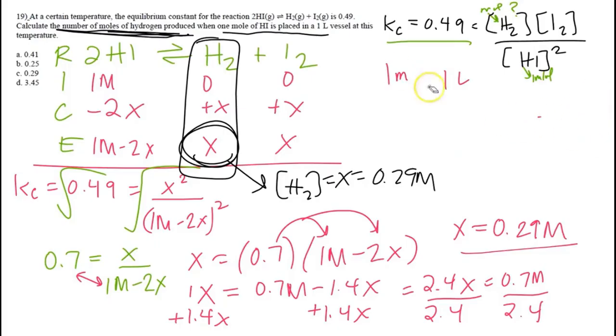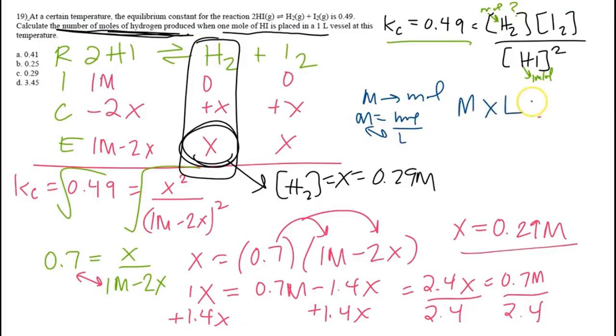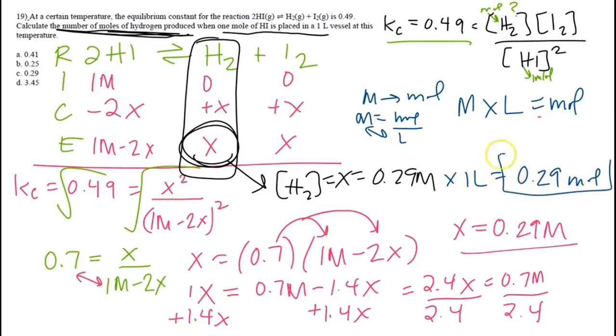I have to make sure I'm going from molarity to moles. Molarity is equal to mole over liter, so I can cross multiply. If I take molarity and multiply by my volume in liters, I can get my moles. So I'm taking my molarity of H2 multiplied by my volume that's given, 1 liter, and that is going to be 0.29 moles here. And so the answer is C.